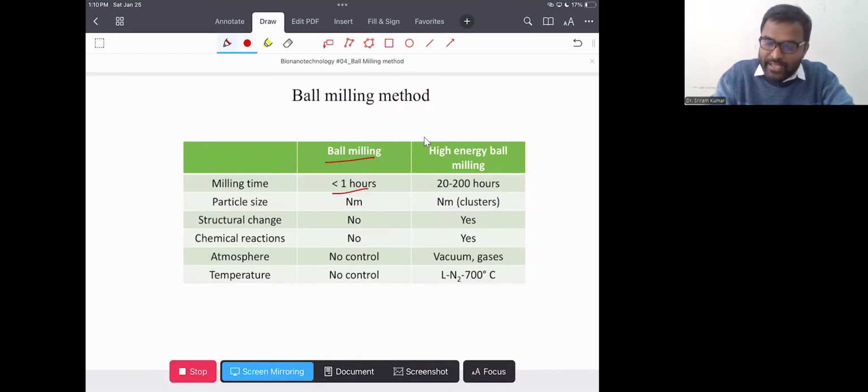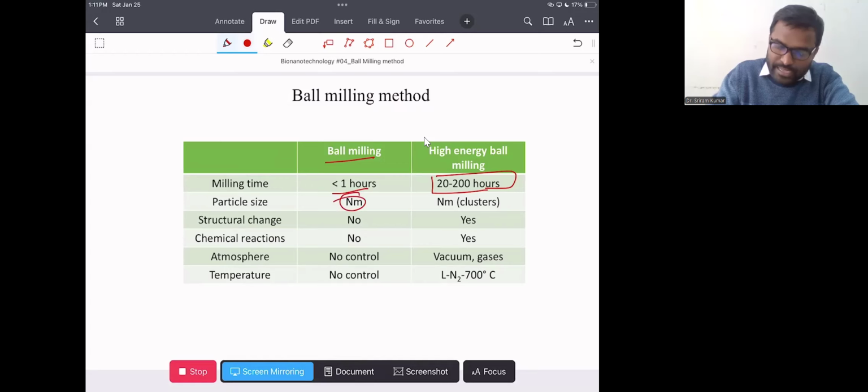However, in high energy ball milling, we have a very high milling time, which may be from 20 to 200 hours. It depends on the hardness of the material, how fine you want the material to be, or maybe the homogeneity of the material. So the milling time differs.